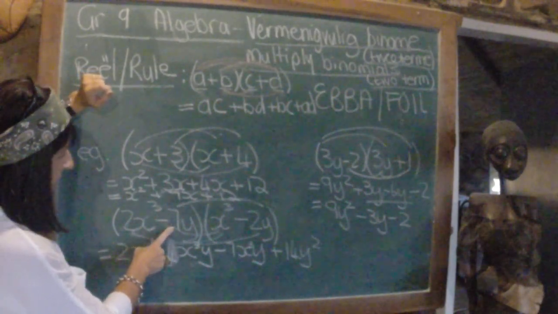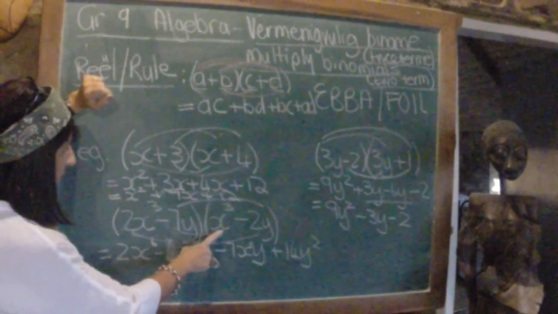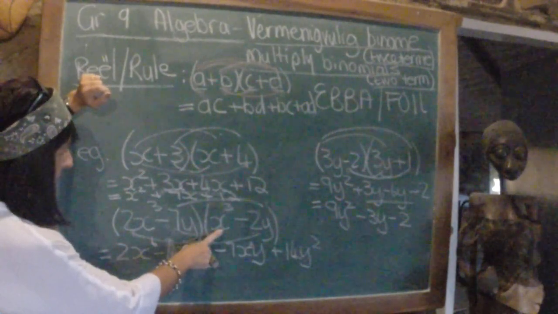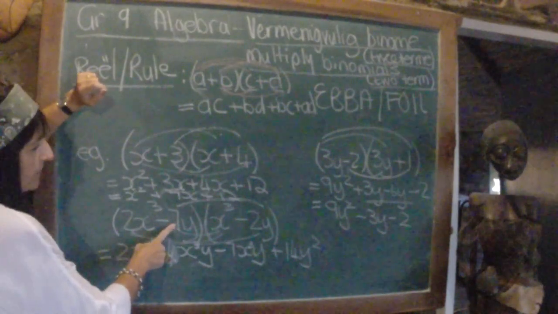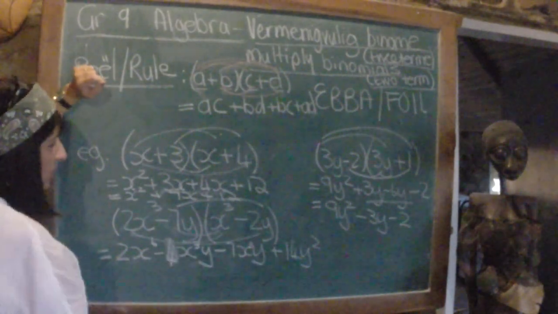Then we've got a minus 7y times x to the power of 3 gives you minus 7x cubed y, and the last is plus 14y squared.